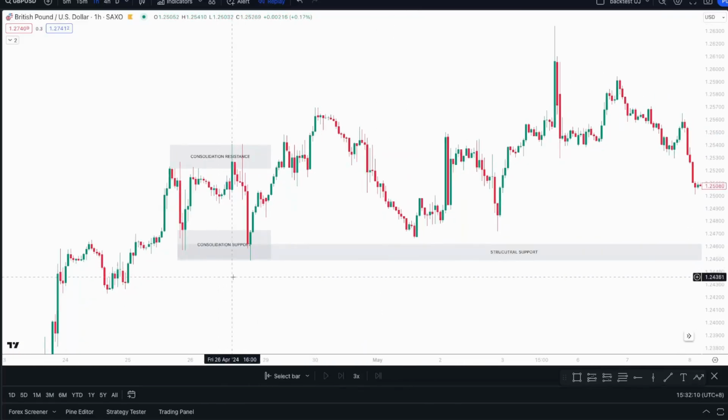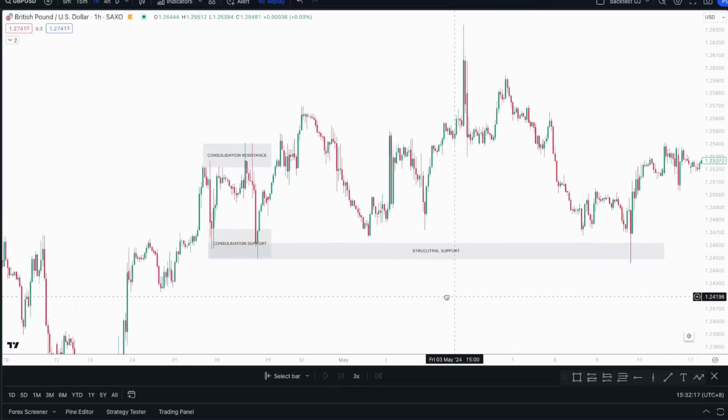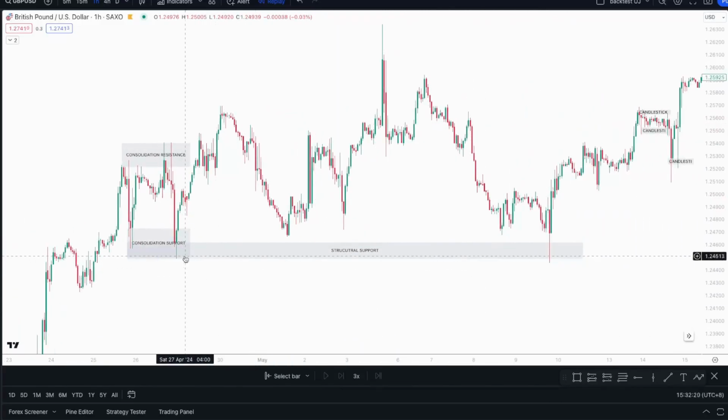Now this consolidation support happens to overlap with the structural support, also from there and there and there as well. After it touched this support, it creates some structure down here, and then moves up, then hits support again and makes another substructure, and so on, and then comes back down again.